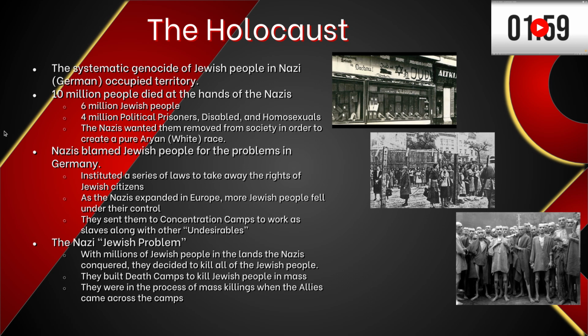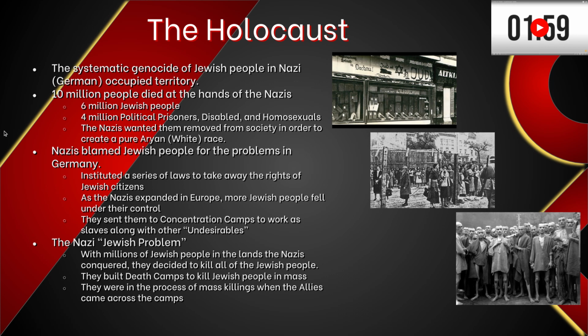And then the remaining 4 million were political prisoners, the disabled, whether that was physically or mentally disabled, and homosexuals. So we are talking a lot of people. I mean, a lot doesn't really cover it. It's an astounding number of people who were exterminated by the Nazis in Germany.